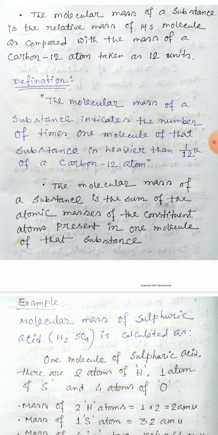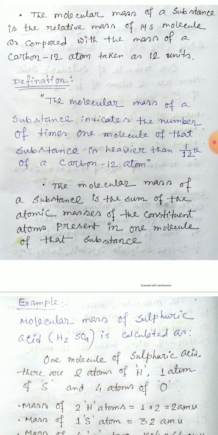Similarly, molecules are so small and light, so molecular mass also cannot be directly measured. Like atomic mass, molecular mass is measured by comparing with the mass of one carbon atom taken as carbon 12, taken as 12 units, 12 AMU.